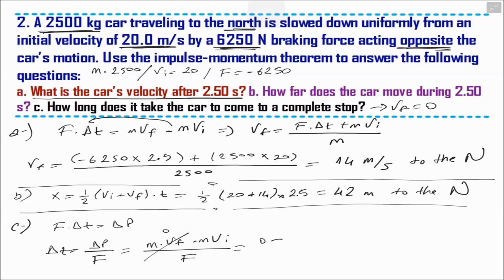So 0 minus m, which is 2500, times initial velocity 20, over F, which is negative 6250. So the result will be 8 seconds. And the time can be only positive.